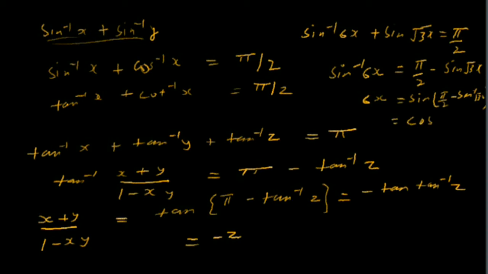So it will be cos of sine inverse root 3x, like this. Further we can convert this sine inverse to cos inverse, and we can get rid of the inverse, and we will be just left with the x terms which we can solve and get the values easily.